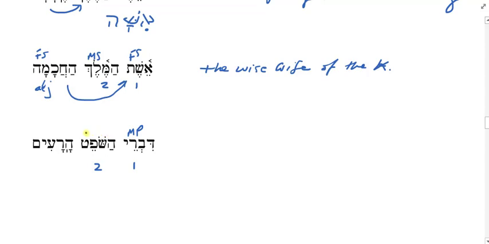Hashofet is masculine singular. So put these together. How would I translate that construct chain? The words of the judge. Remember, Shofet is judge. Hashofet, the judge. Okay, now the adjective over here is Haraim.